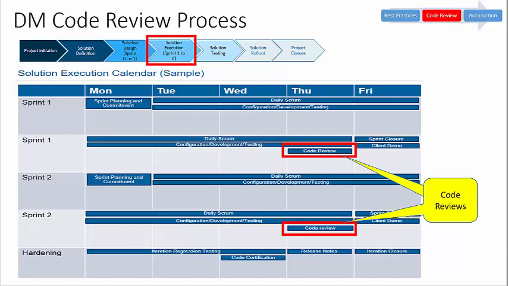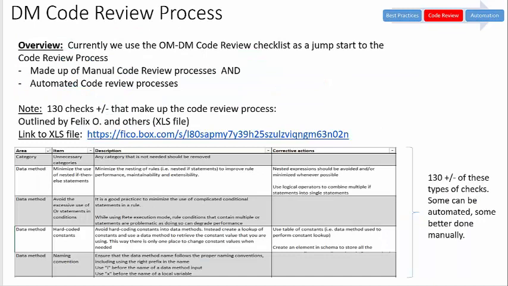So now we're going to transition from where in the life cycle the code review actually happens to what is actually involved in the code review process. I put up this slide to give an overview of the code review process as it exists today. Currently, we use a code review checklist developed by many.